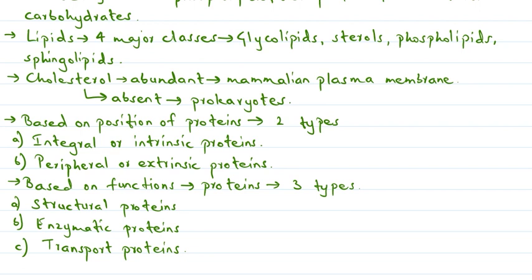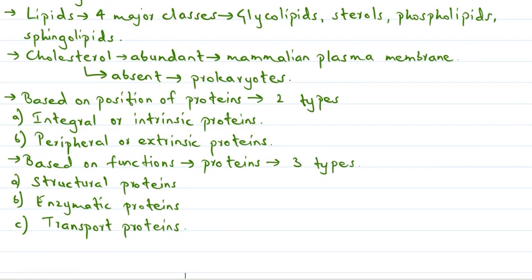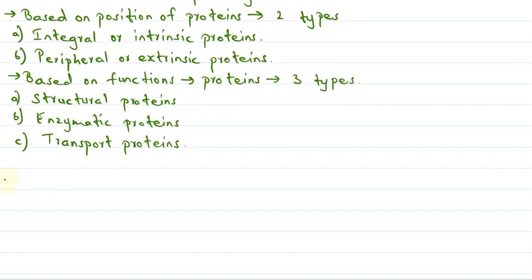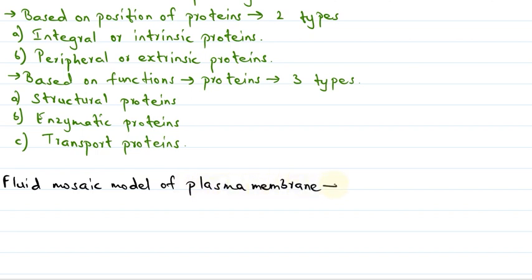Okay. So now let's understand what is fluid mosaic model of plasma membrane. So let's discuss about the fluid mosaic model of plasma membrane. So let's see what is it.